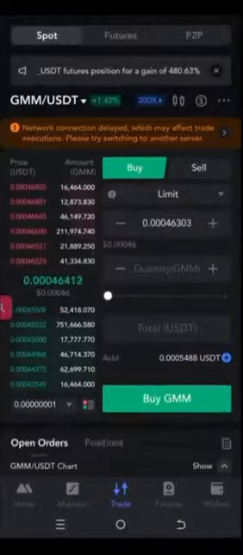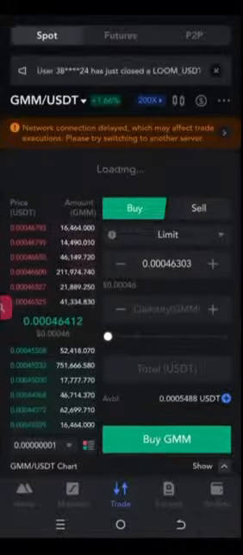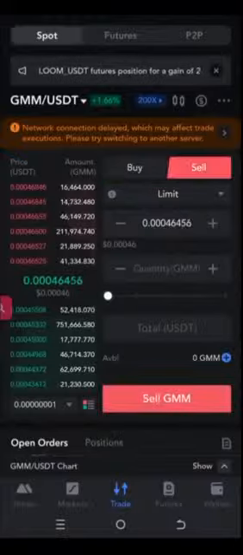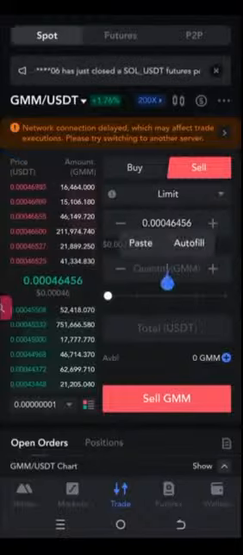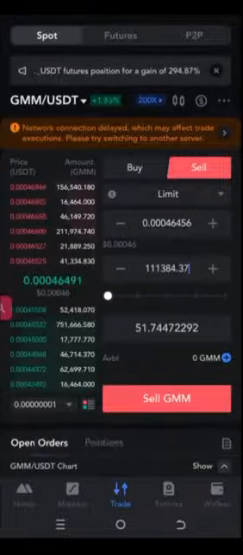Let me remove this one. Okay, so first off, this is the current price. Let's click on that. So we want to sell. This is the sell part. Pick on that, and then we place in our GMM. Okay. Oh, that's $1.74. That's looking like almost 3% plus.